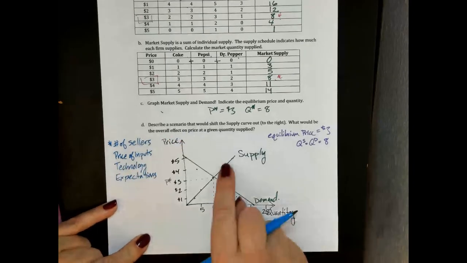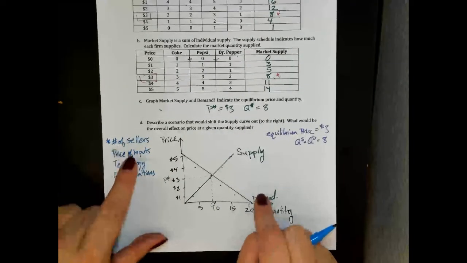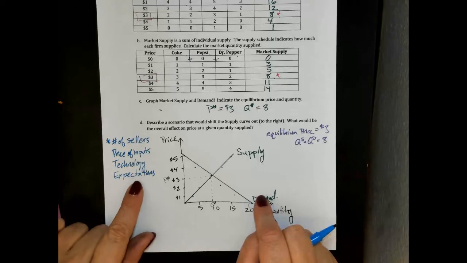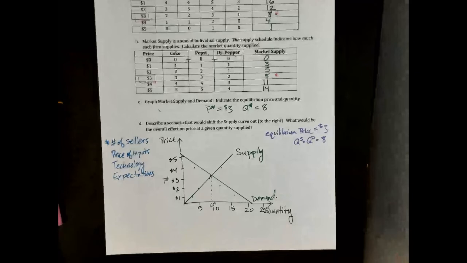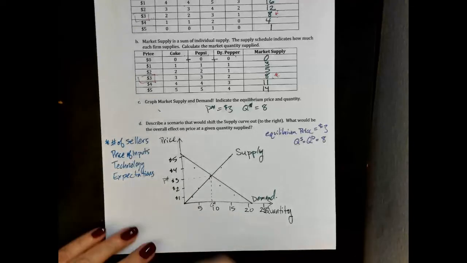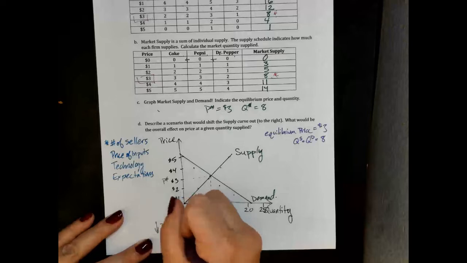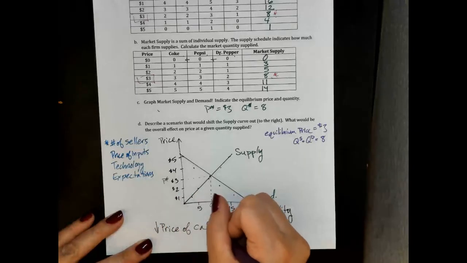And remember, we want supply to shift out to the right, so we either want to increase the number of sellers, lower the price of inputs, increase technology, or increase expectations. So I'm going to say that for me, what I think would be a great reason to shift the supply curve out would be if there was a decrease in the price of caffeine, because that's why I drink sodas.